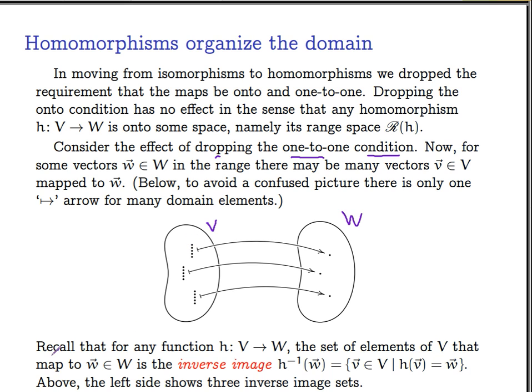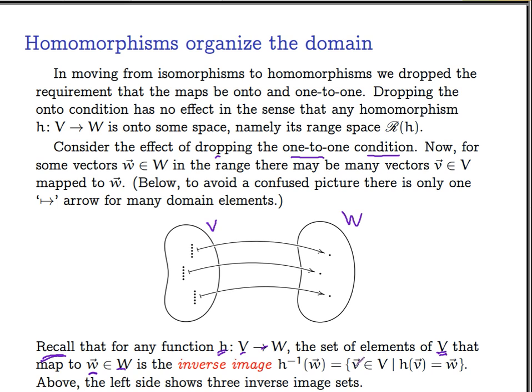Okay. Recall from your discrete math or other class that for any function h from one space to another, the set of elements of the domain that map to a particular element in the range is called the inverse image. This is the mathematical definition. H inverse of a particular element can be a set. It's not necessarily an individual element.